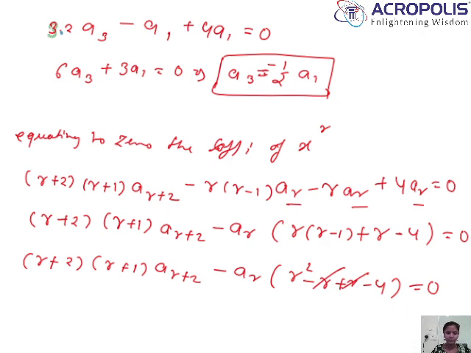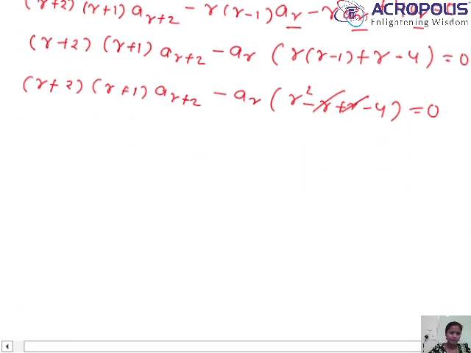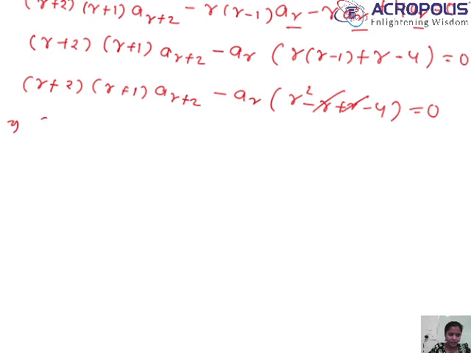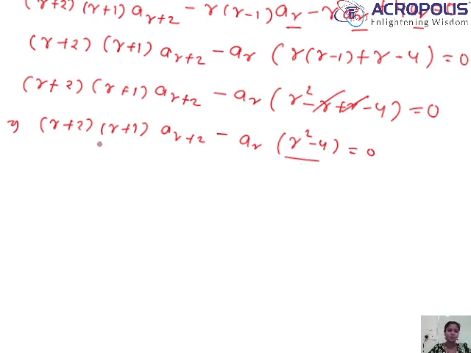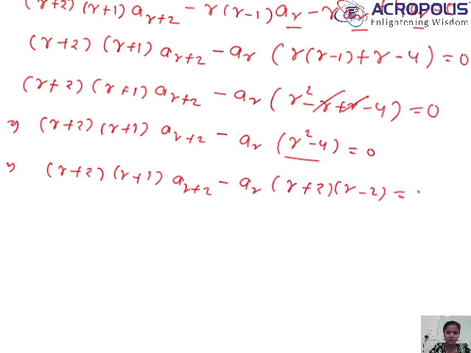The next term will be: this implies that r plus 2 r plus 1 ar plus 2 minus ar, you get r square minus 4. You can see this is the formula of a square minus b square. That means this can be written as r plus 2 r plus 1 ar plus 2 minus ar into r plus 2 into r minus 2 equal to 0.